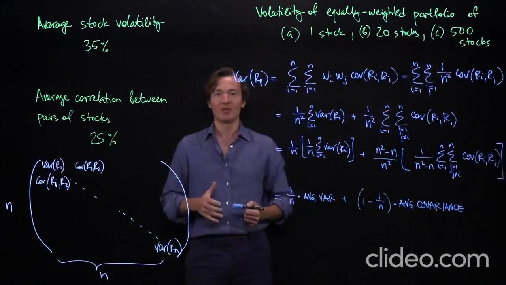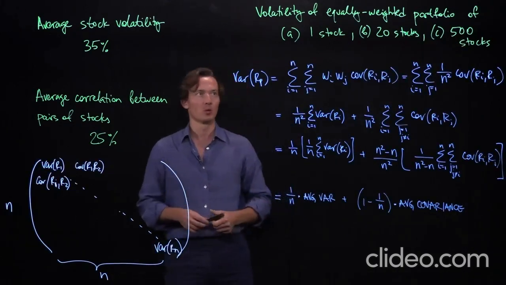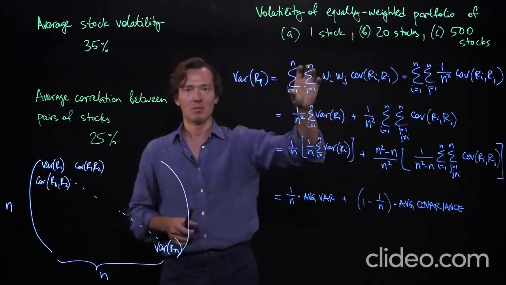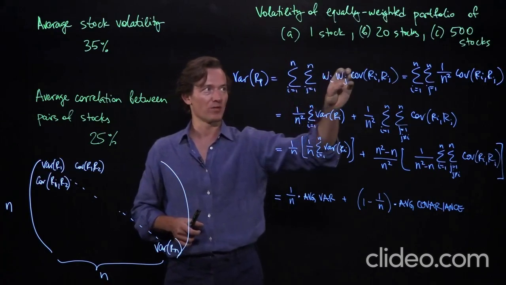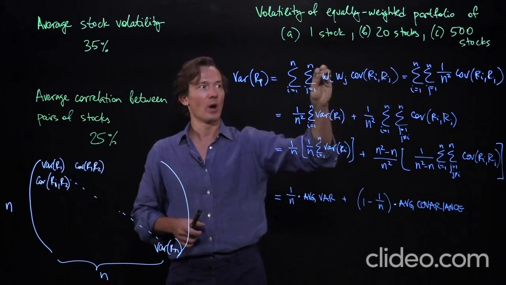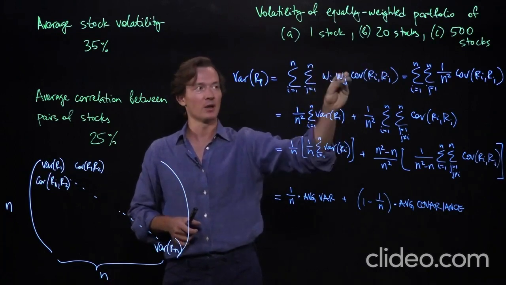Let's first derive the variance of portfolio P, the equally weighted portfolio. So this is the sum of all possible combinations of covariance between stock i and j with the weights that we put into stock i and j.